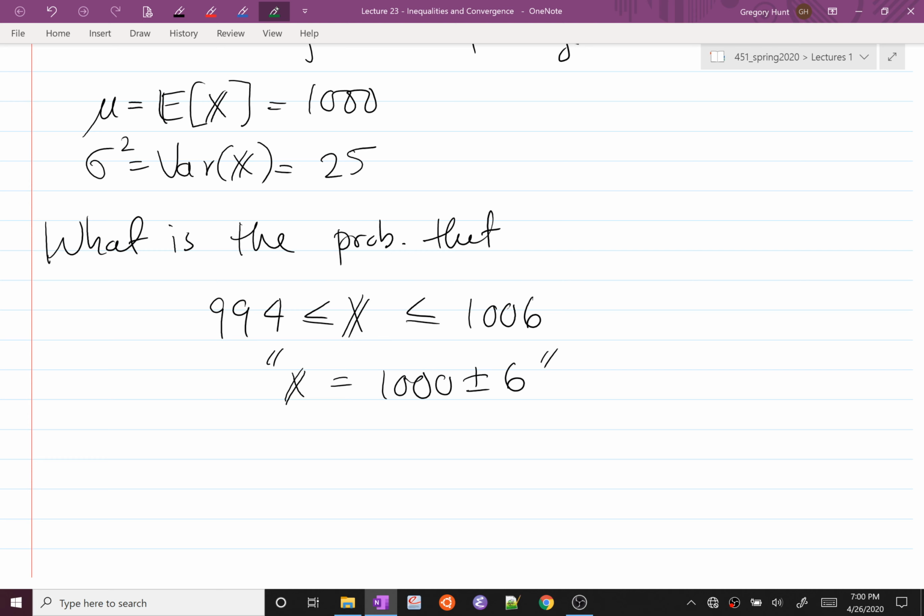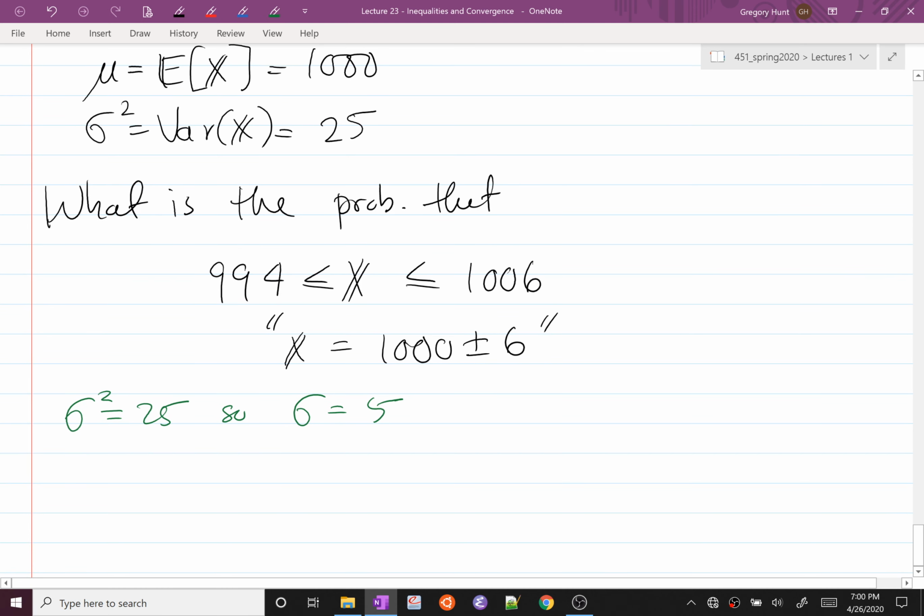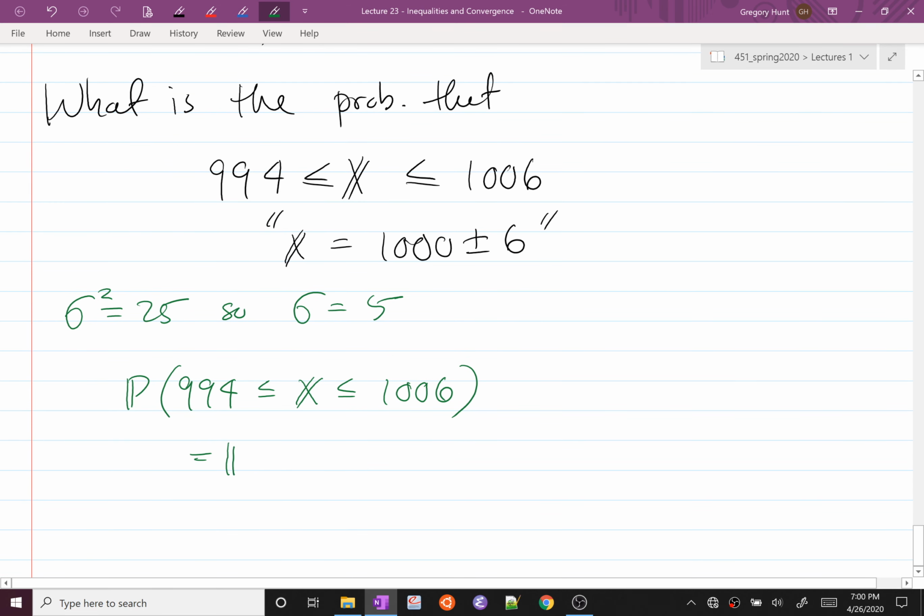We can't calculate this directly unless we know something more about x, but we can bound this probability because we have Chebyshev's inequality. In this case, sigma squared is 25, so sigma is 5. The probability that 994 is less than or equal to x less than or equal to 1,006 we could write as the probability that the absolute value of x minus 1,000, its mean, is less than or equal to 6.